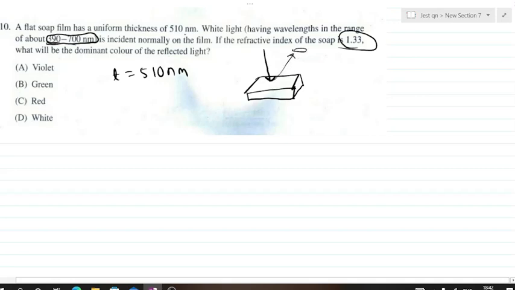What will be the color? We will see this color, which is observed by us. Suppose this is I. So we have to find the reflected wavelength basically.